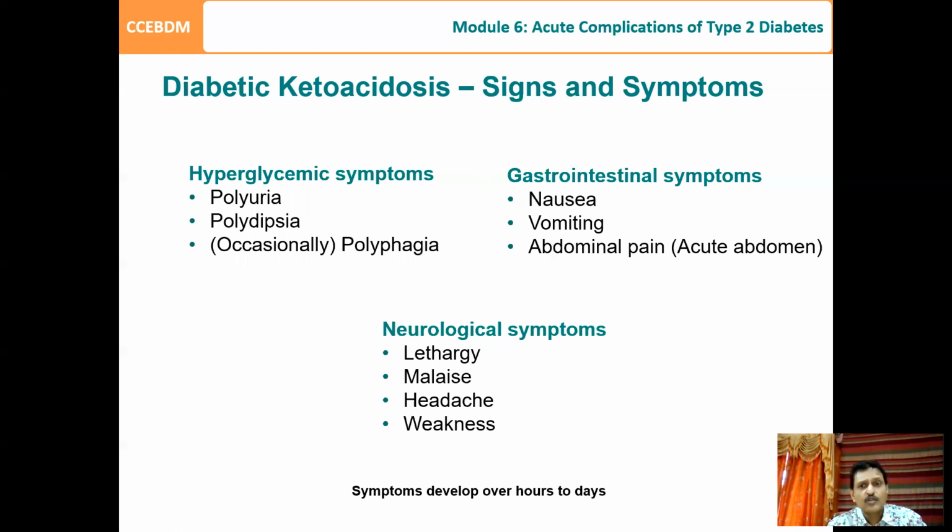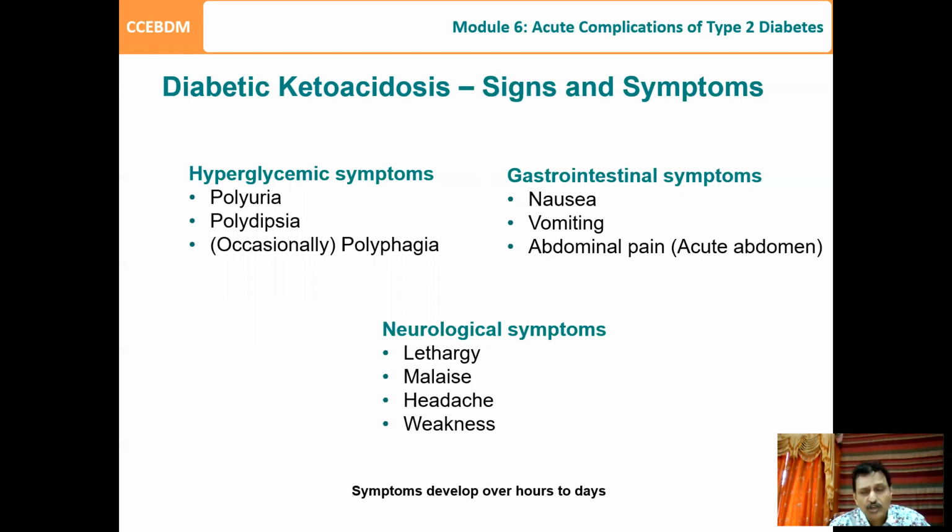And third, there will be neurological symptoms because of the hyperosmolality, and because the glucose cannot enter inside the cell, there will be lethargy, malaise, headache, weakness. So these are the symptoms and signs of diabetic ketoacidosis, but they may take time to develop, maybe hours to days.